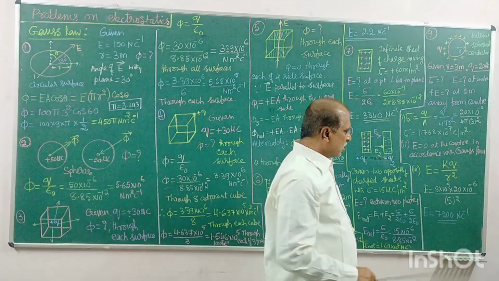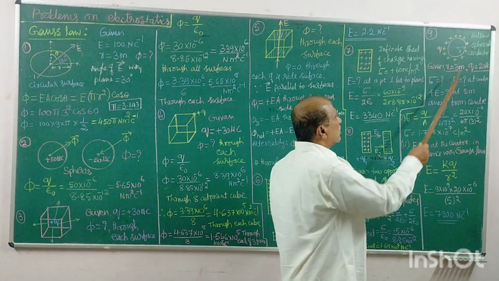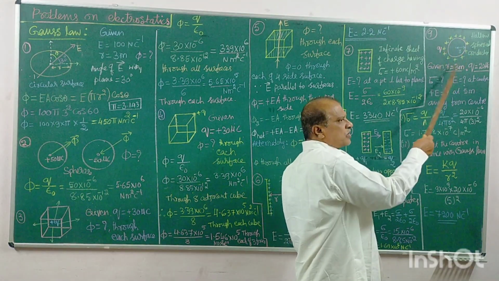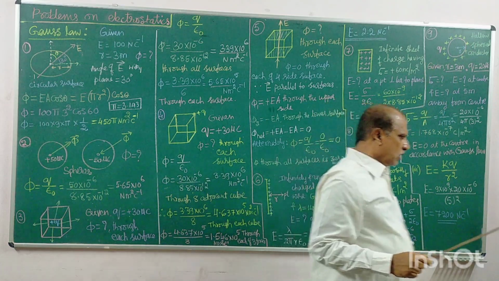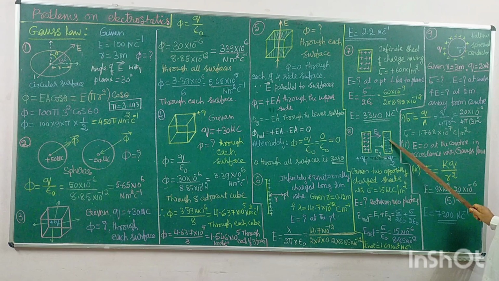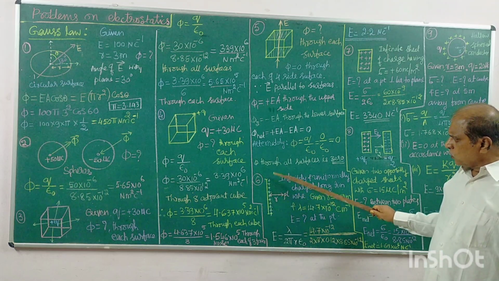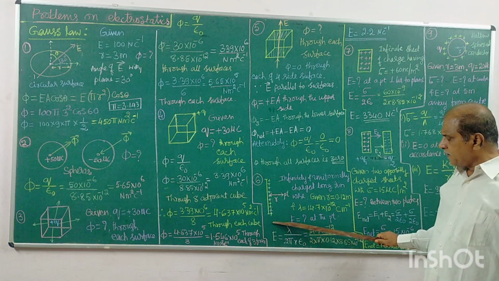Look at that. The calculation of electric field due to a three-dimensional surface, and the calculation of electric field due to a two-dimensional surface, that is surface charge. Here of course volume charge, and here electric field due to linear charge density.